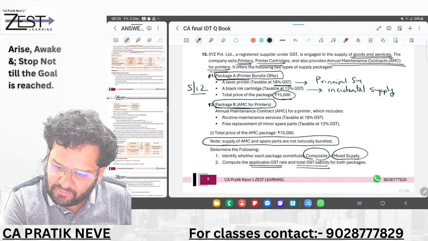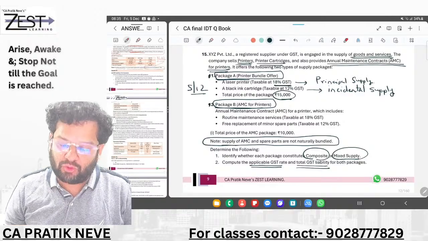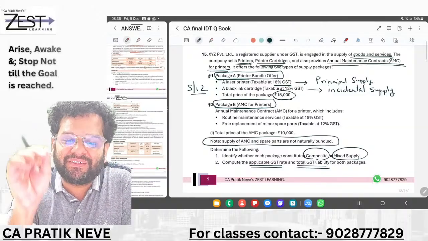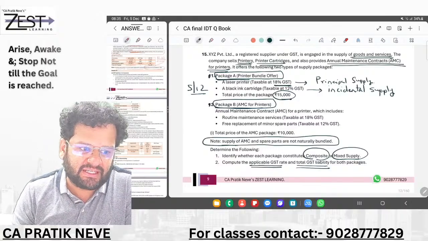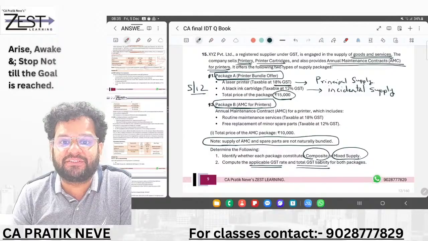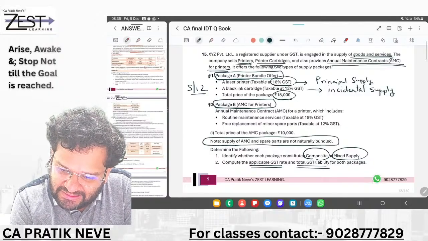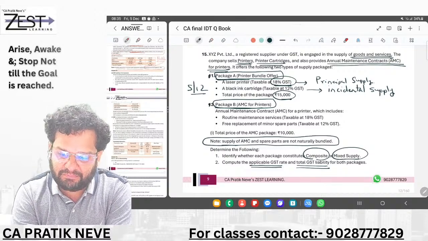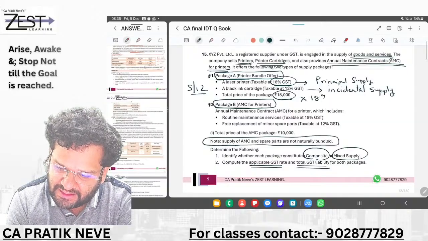So friends, what will happen? This entire package will be treated as supply of principal supply. So principal supply is of laser printer. Please calculate GST at 18% on 15,000.